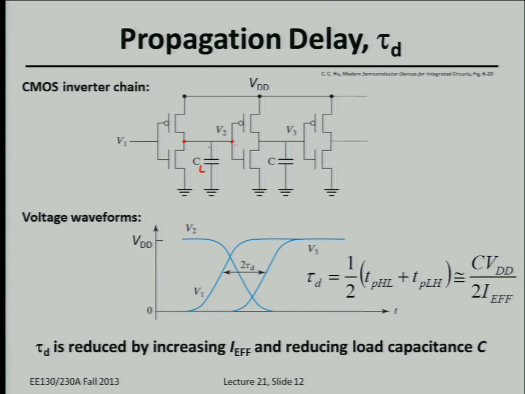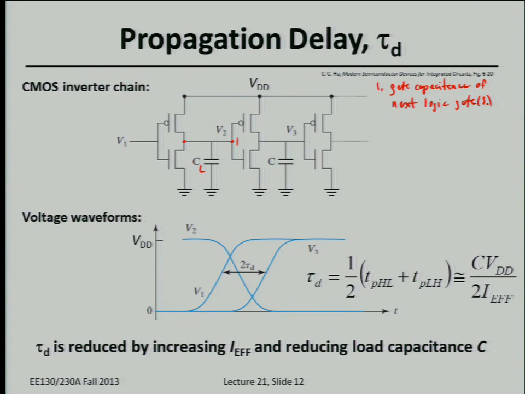Gate capacitance, very good. So let's call that number 1. The gate capacitance of the next logic gate, and you can actually have the output signal of one logic gate feeding multiple logic gates.